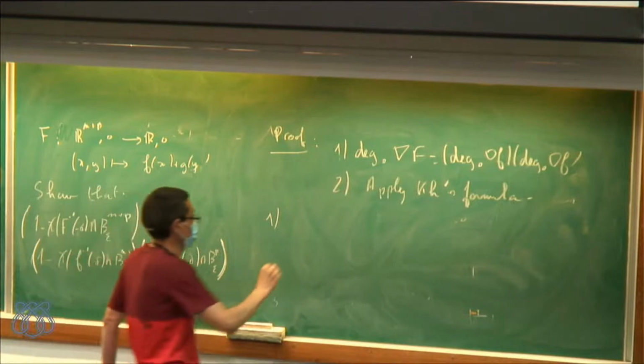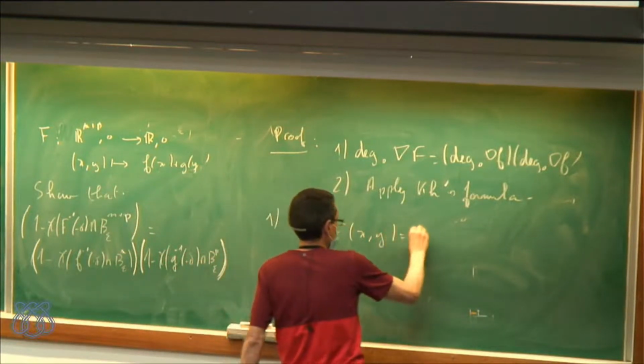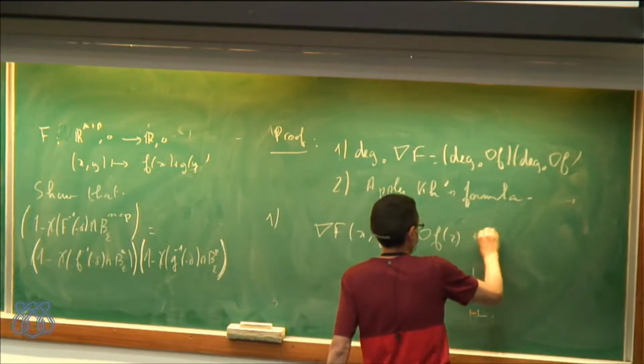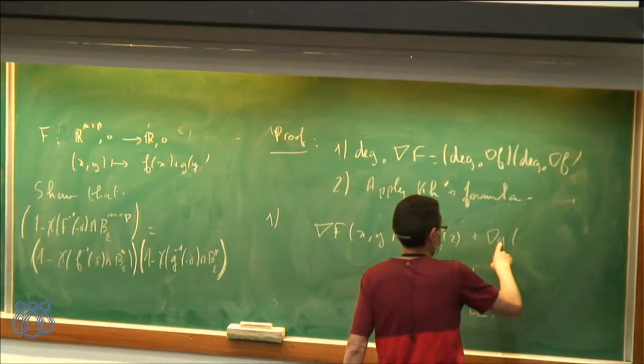So the gradient of capital F at (x,y) is the gradient of f at x plus the gradient of g at y.